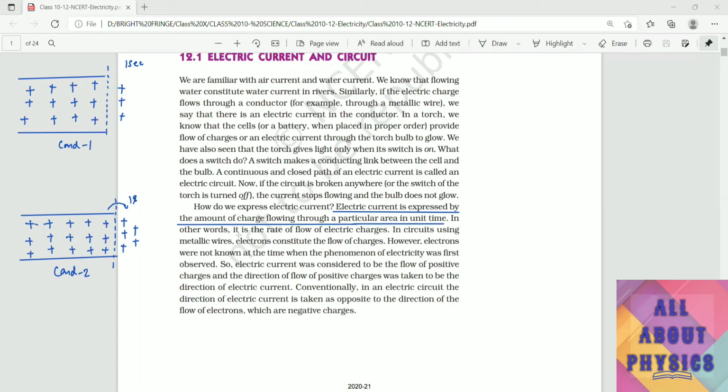In other words, it is the rate of flow of electric charges. Electric current, you can also underline this. The direction of electric current is taken as opposite to the direction of flow of electrons, which are negative charges, right? As we had discussed, current flows in the direction opposite to the direction of electrons.